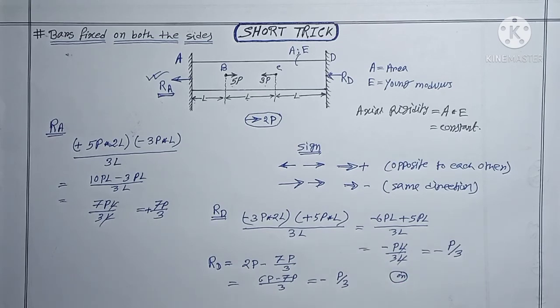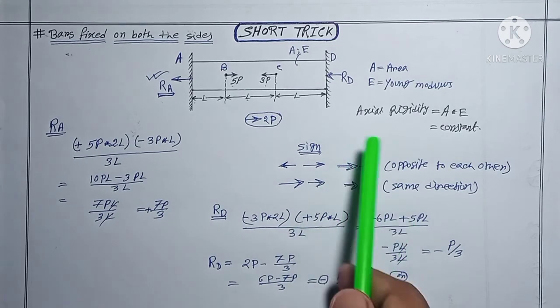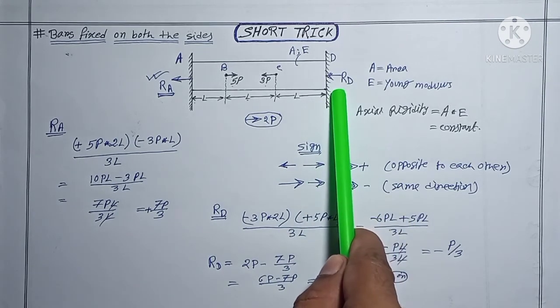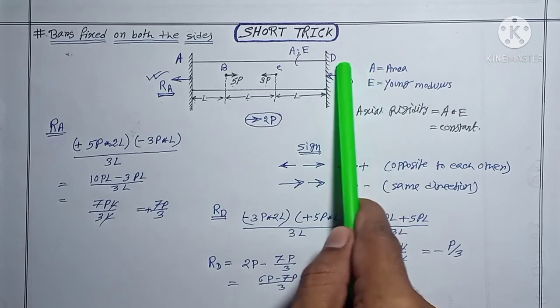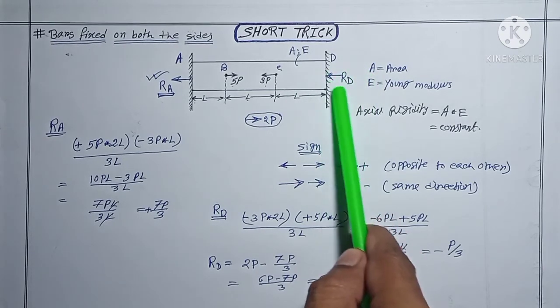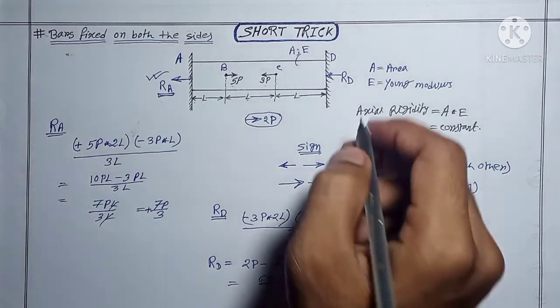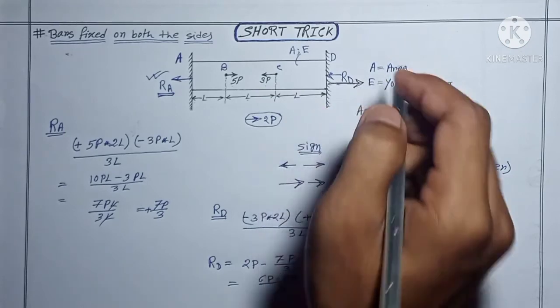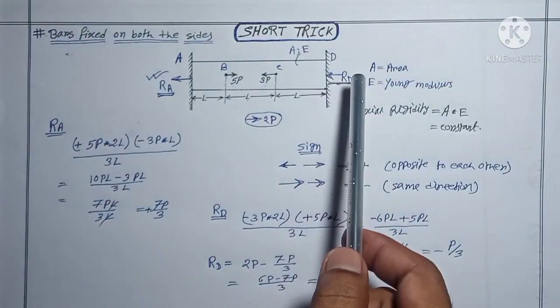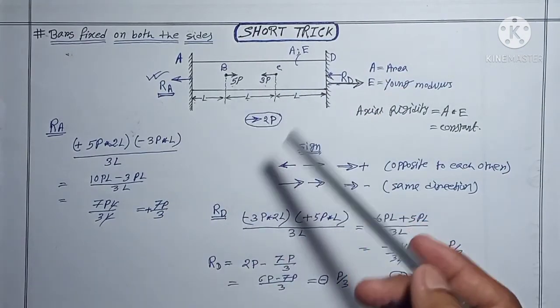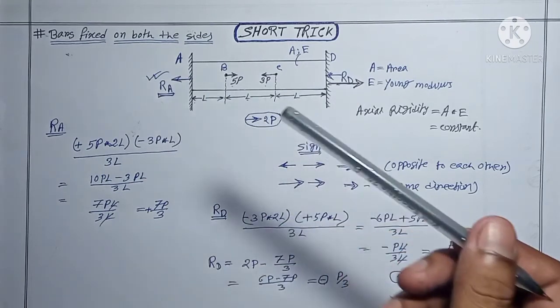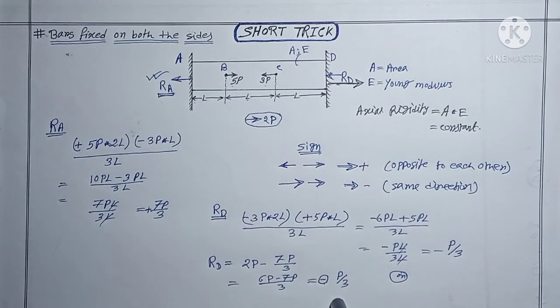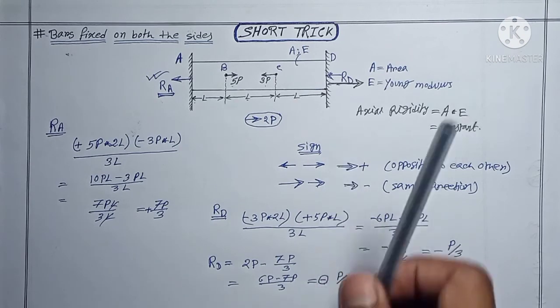Now what is the indication of this negative sign? This negative sign indicates that the direction we initially provided is basically not the right one. The direction of this RD should be in this direction. Initially you have to assume the direction of these two reactions, or provide the direction of these two reactions in the same direction, but at the end of the solution you can get the idea of the actual direction of the reaction forces.